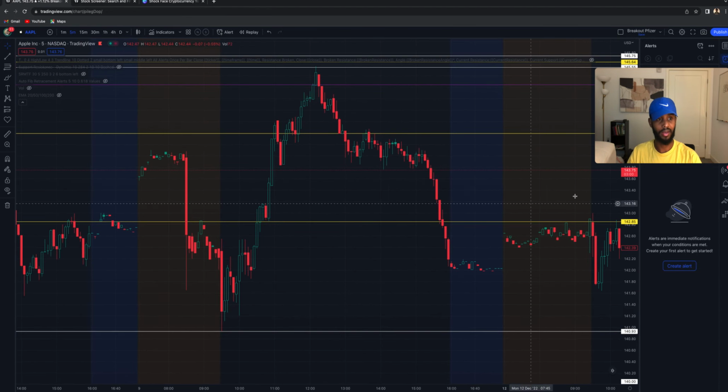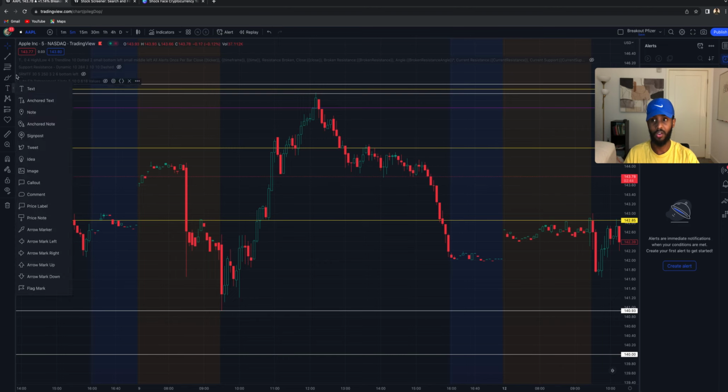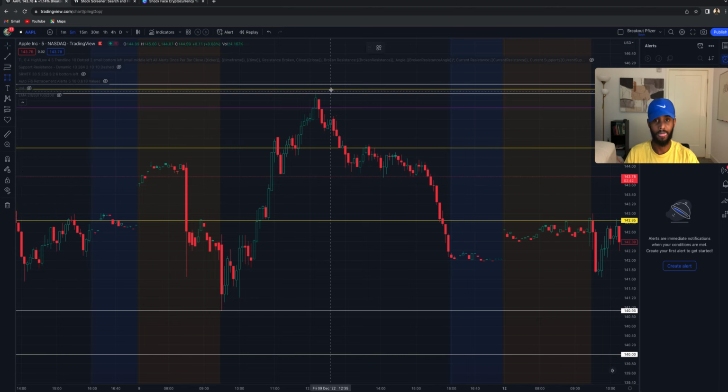We can look at the days before. We can see that Apple found some support here. We can see when it breaks above that, we see a nice push up. We can see that it came to this area that we spoke about before, where there are 3 resistance areas. And what happened?